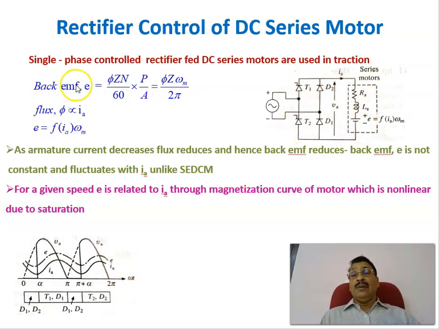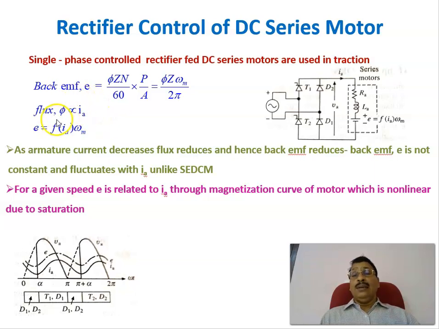Now the back EMF equation is phi Z n divided by 60 into P by A, or phi into Z into omega M divided by 2 pi. Now the flux is not a constant. In a series motor, the flux is a function of the armature current.